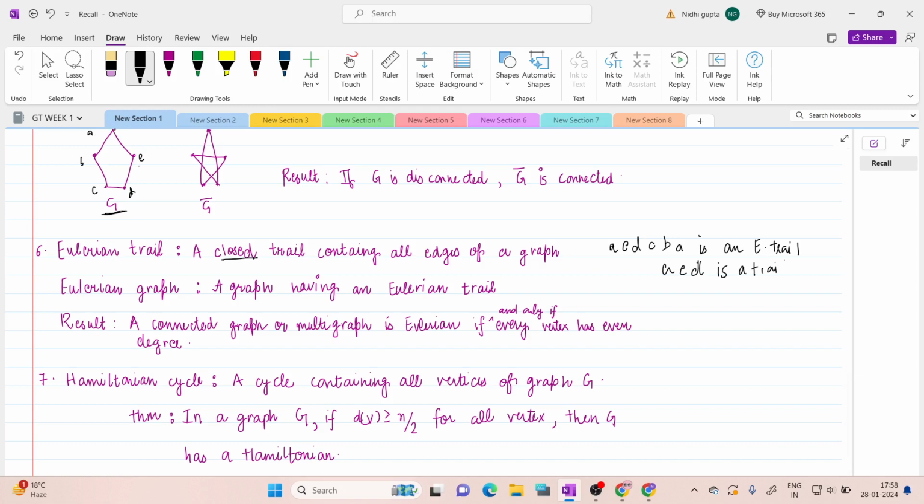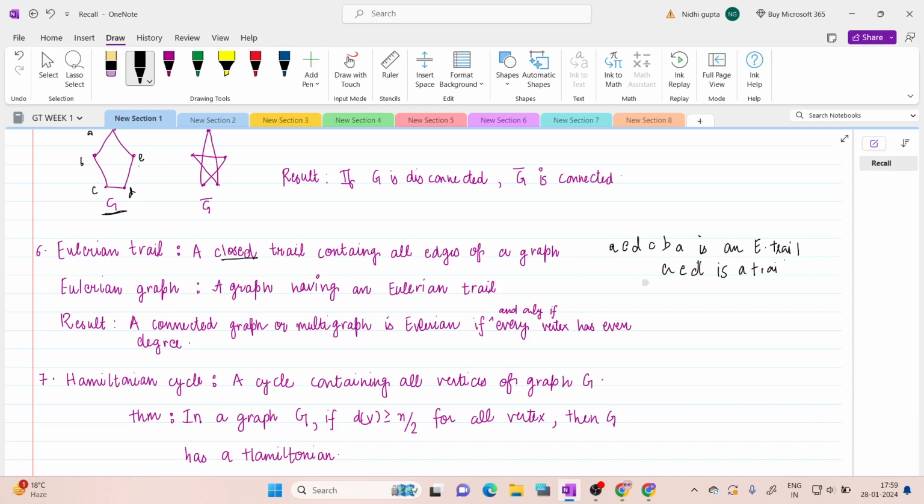So the difference between an Eulerian trail and an ordinary trail is that an ordinary trail need not consist of all the edges. Also, for an ordinary trail the condition that the first vertex and last vertex be the same is not required.